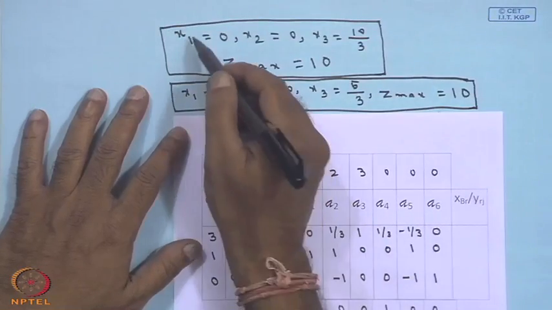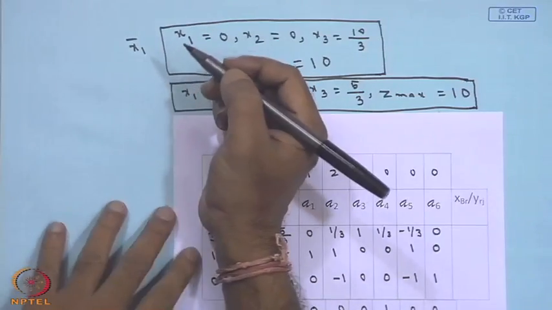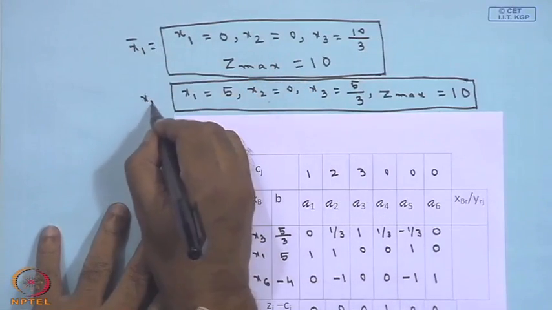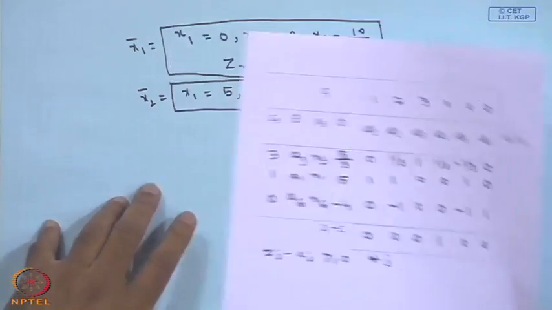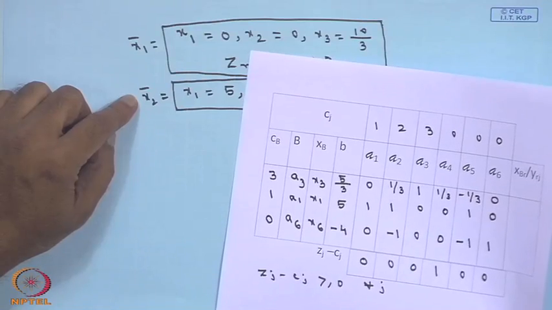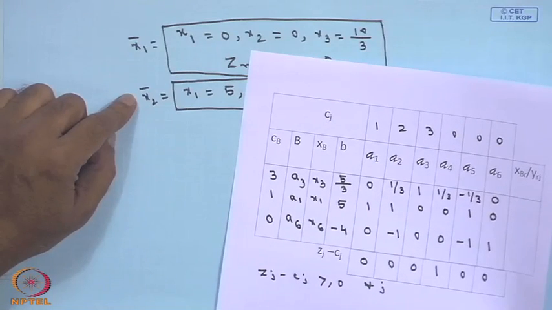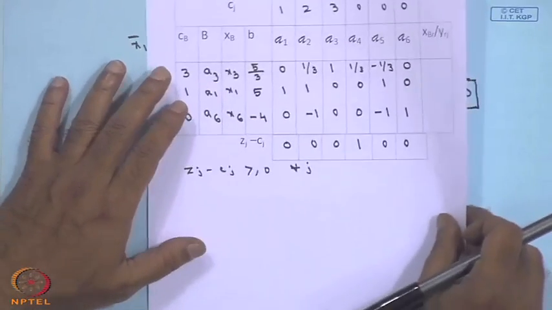If you see, you have already obtained two solutions, this is say x 1 bar, this is x 2 bar. Since x 1 bar and x 2 bar are two optimum solutions, if you take any convex combination of x 1 bar and x 2 bar, then that one also will be an optimum solution.